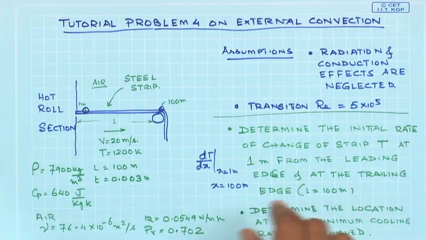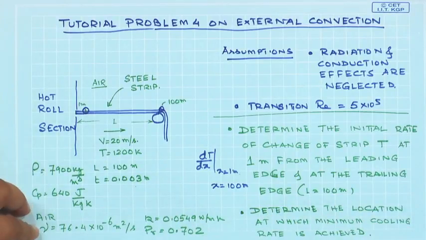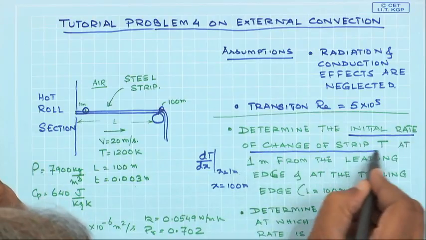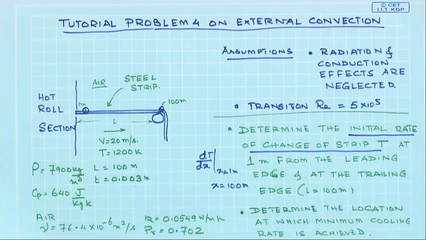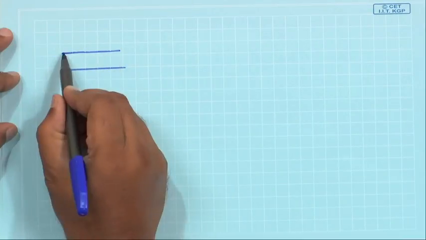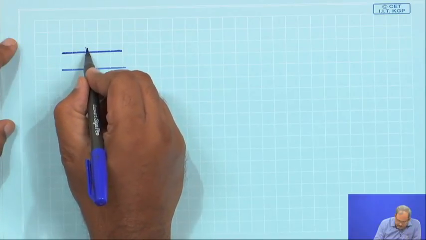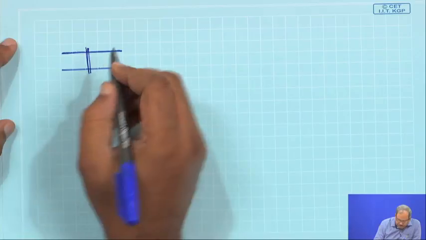So, the first part of the problem, in order to find out the initial rate of change of temperature, that means dT/dt, we need to write a heat balance. The way we are going to write the heat balance is the following. We will take some portion of the strip, an enlarged view of that, and let us say I am taking a thin slice of it.